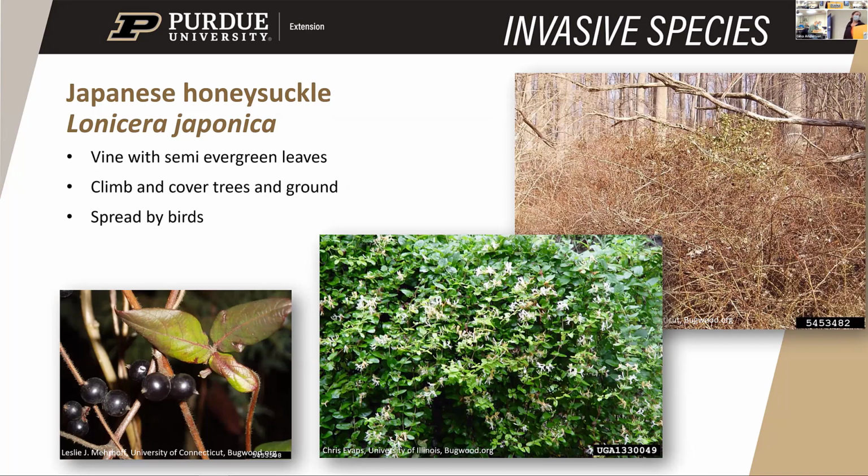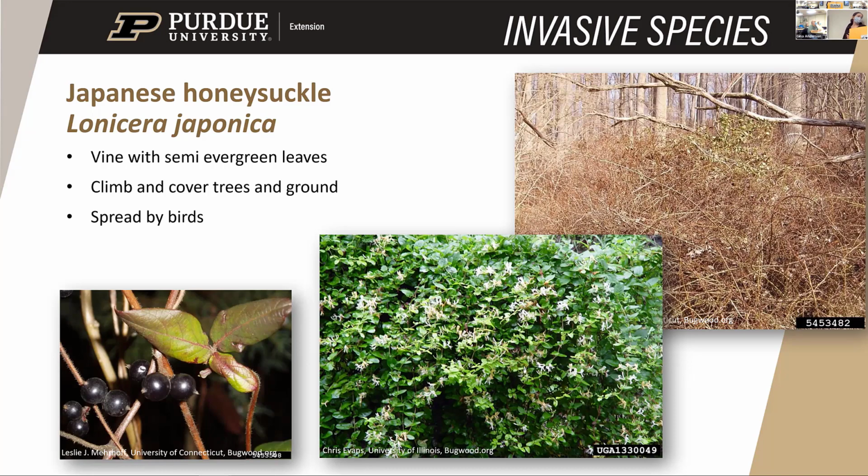The flowers are white to yellowish and it has black berries at the leaf axils. Think about this thing growing up the trees: it's going to cover the trees and shrubs and eventually kill them. It is a bigger problem in the southern part of Indiana, so we have a bigger problem with this versus our counterparts up north.